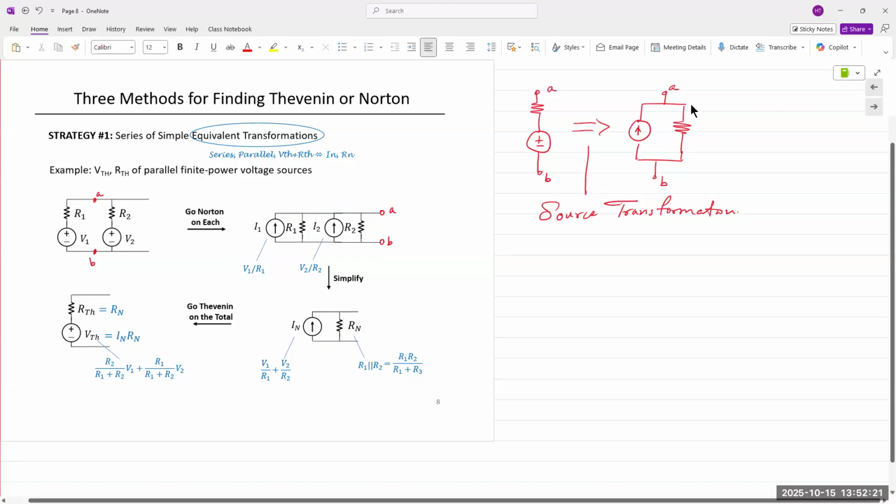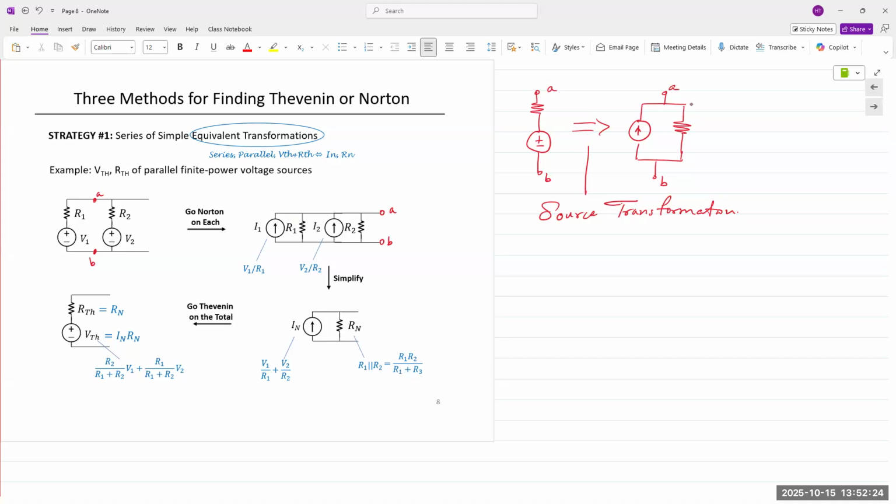Once I have that, I can transform back. Both of these are accomplished by applying source transformation. And this is only possible in certain cases.